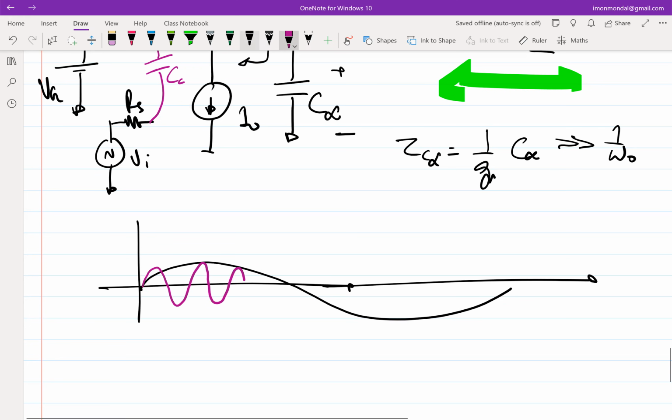When you integrate the low frequency current, you keep accumulating charge for a longer period of time, so you approach a large voltage.